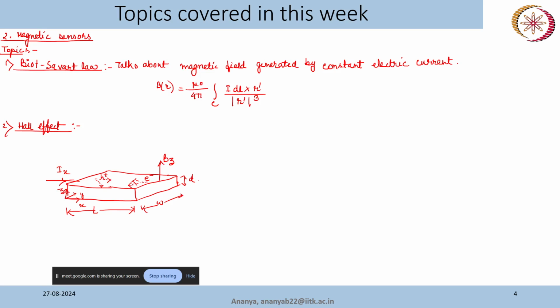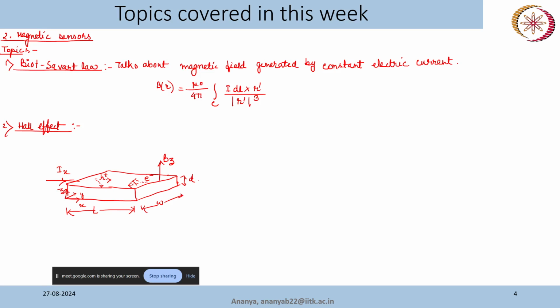Now as you can see here, if it is a p-type material, there will be holes at this side of the material, and the concentration of holes will be less in this direction. Similarly, if it is an n-type material, then the concentration of electrons will be more in this direction, and less in this direction.